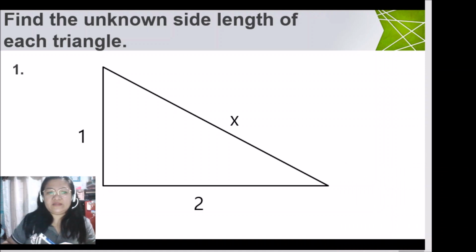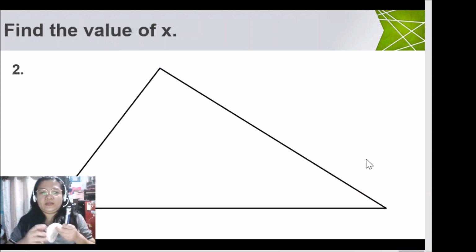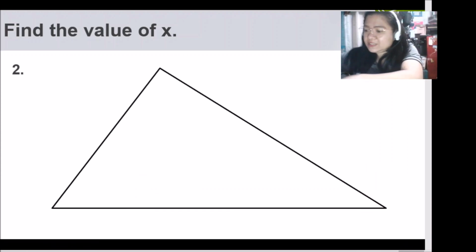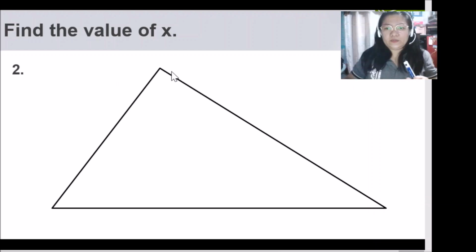Okay, now let's have the next question. Again, find the value of x. So we have our triangle. This is not a right triangle to start with. But when we draw an altitude from here to here, now we have two right triangles. We have to find x.